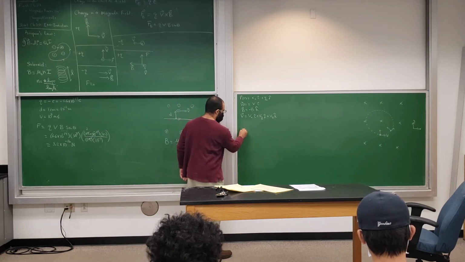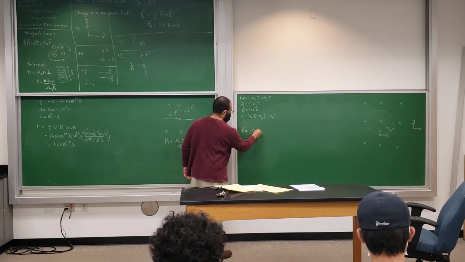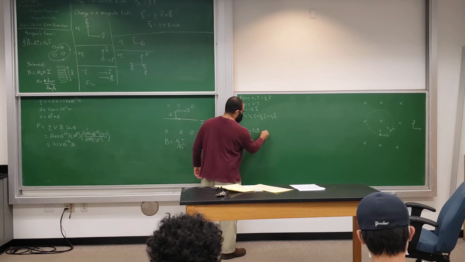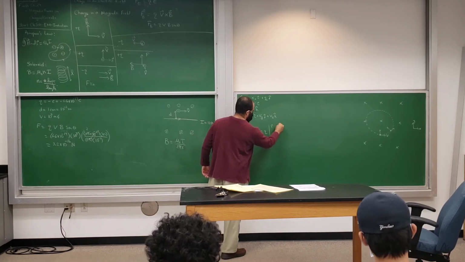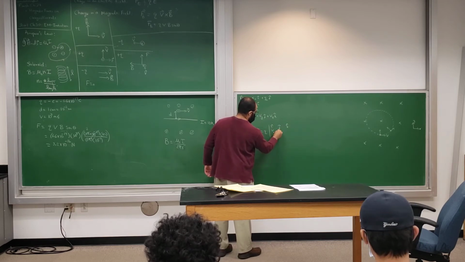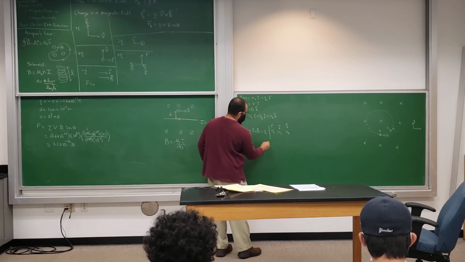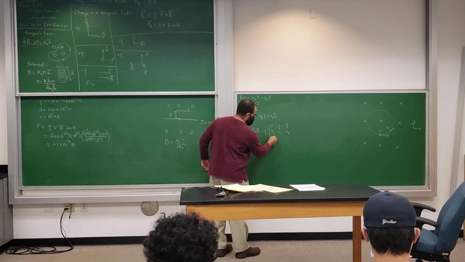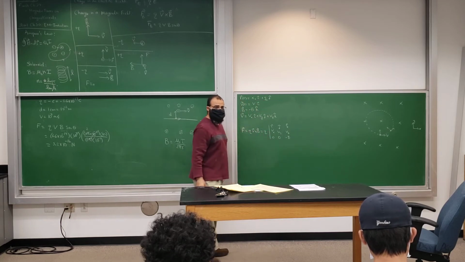The force is q v cross B. So q, and we have to take the cross product. So i hat, j hat, k hat, Vx, Vy, Vz. The magnetic field does not have an x and a y component, so it's 0, 0, minus B. Okay, that's the magnetic field.